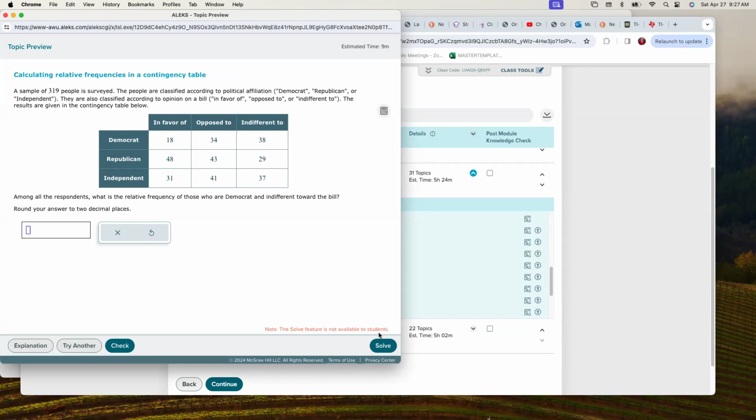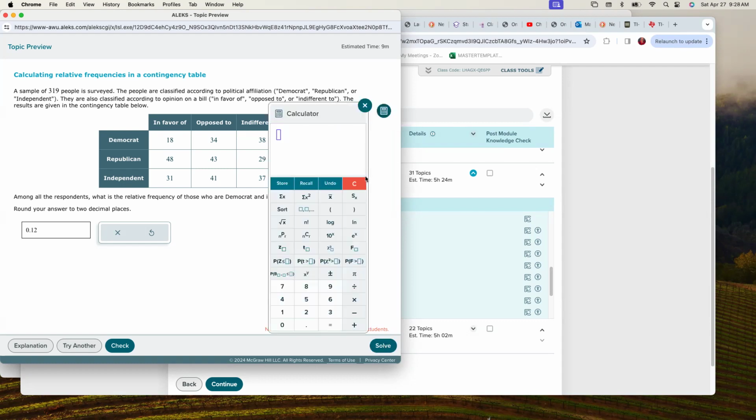But there are 38 here. So that would be 38 out of the 319. If I take that 38 and divide by the 319, just to verify, this indeed turns out to be 12%, and we rounded there to 0.12.